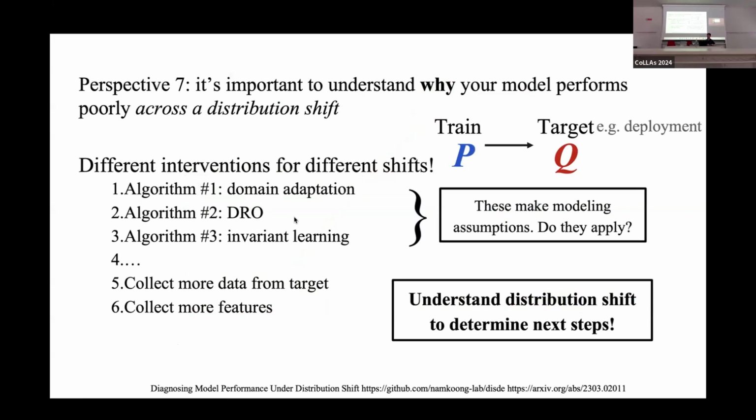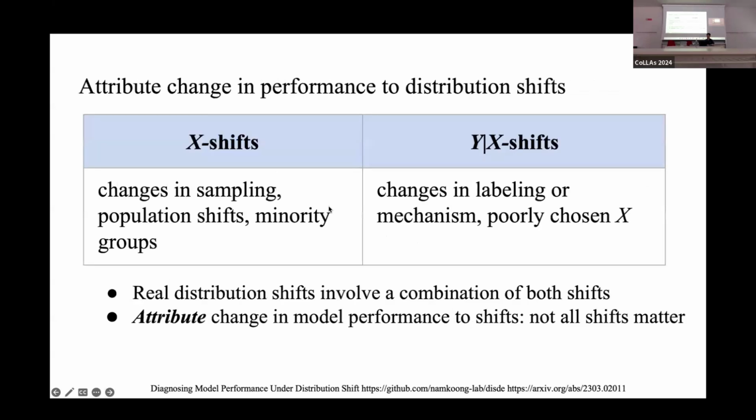But all of these methods make some modeling assumptions. That is, we first have to understand our situation and our data before applying these methods to improve our model. The key idea is to understand distribution shift to determine our next step.